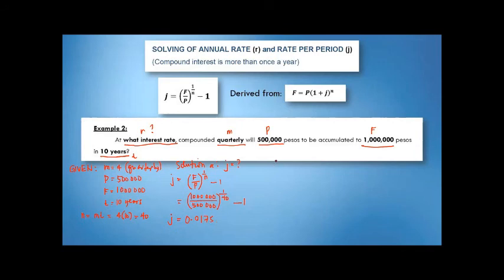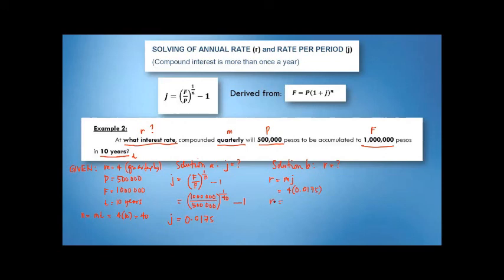Ang kailangan natin is annual rate. So solution B, we have small r. We all know that the formula for r is mj, or m times j. So that is m, we have 4. Then meron na tayong na-solve na j which is 0.0175.